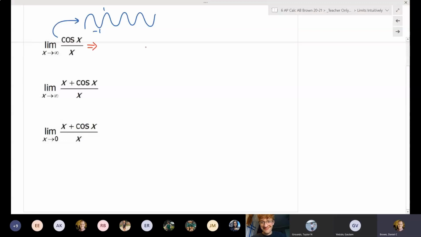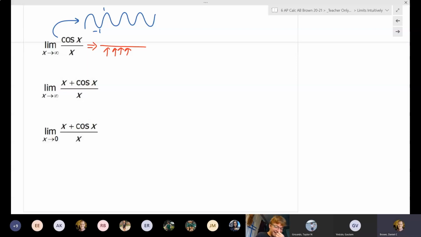When I'm thinking about this one, as x goes to infinity, the denominator is the easier part, because the denominator is just x. So I know this denominator is just going to keep getting bigger and bigger, going towards infinity. Cosine of x is not part of FEPL because we do know what it looks like.